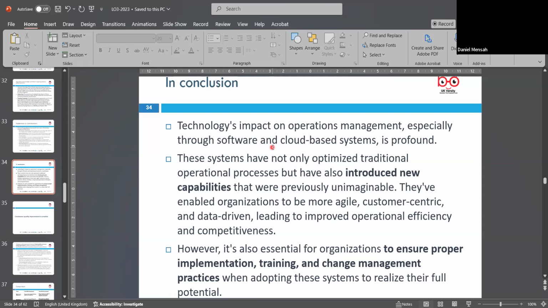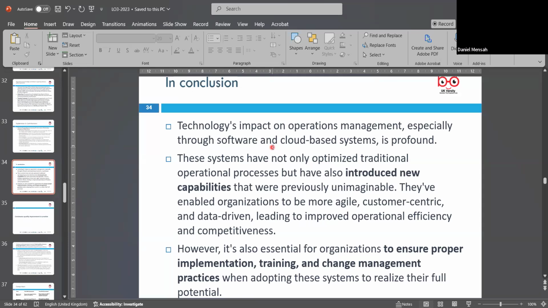They bring more flexibility to organizations in their processes. They make processes more customer centric by delivering quality products and services, and of course they bring data-driven solutions which give a surety of making the right decision, and ultimately they bring efficiency in your operations, which leads toward competitiveness in the market.